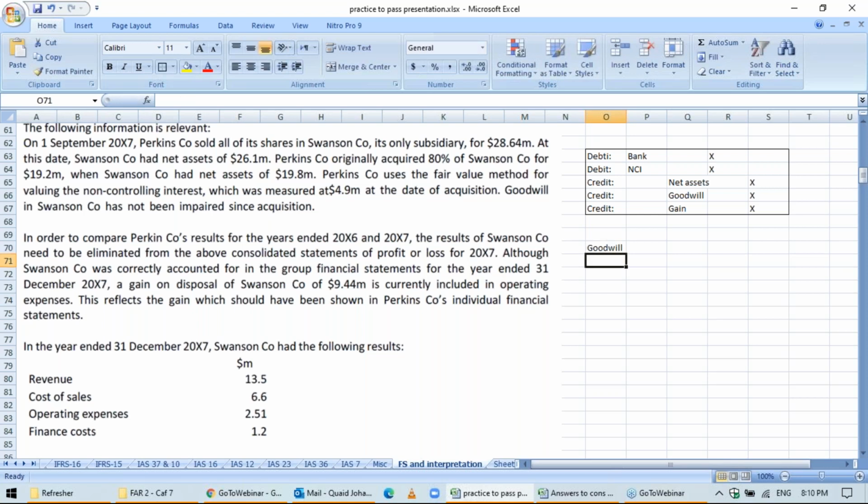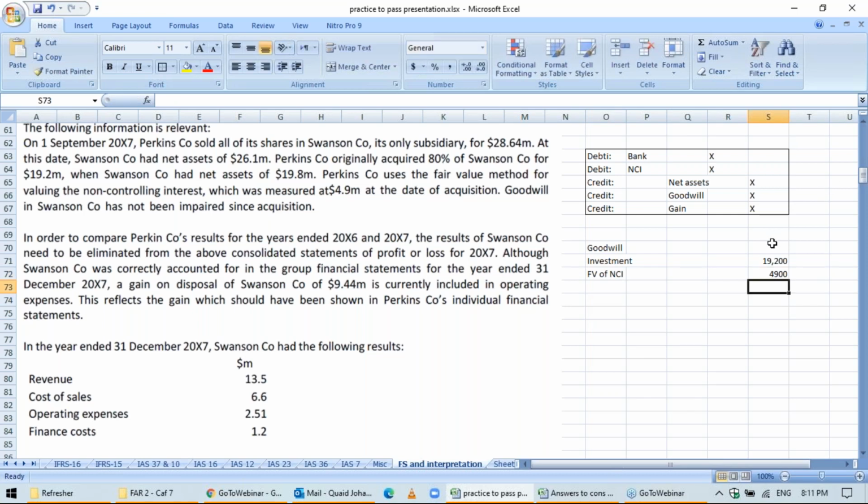For goodwill, I need to know the investment amount, and the investment in the subsidiary is 19.2 million, the consideration paid. Then I have to add the fair value of NCI. So the fair value of NCI given at the time of acquisition was 4.9 million.